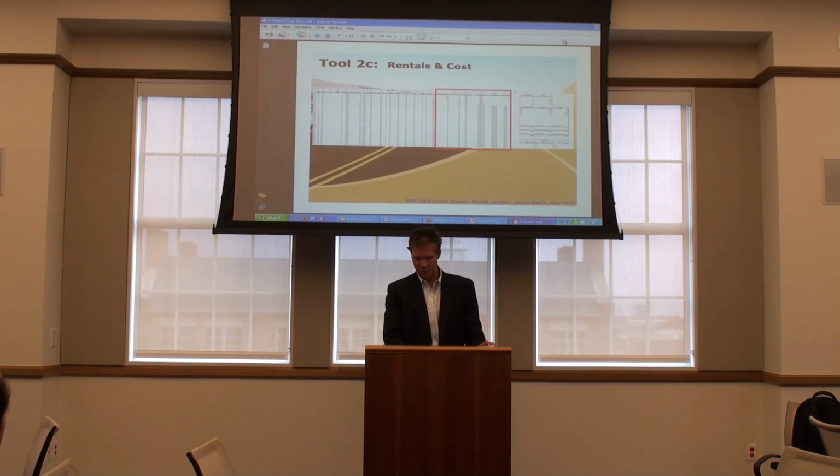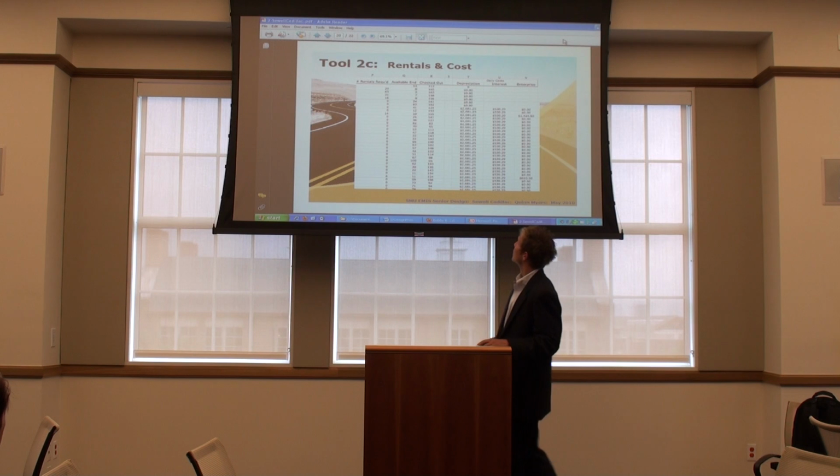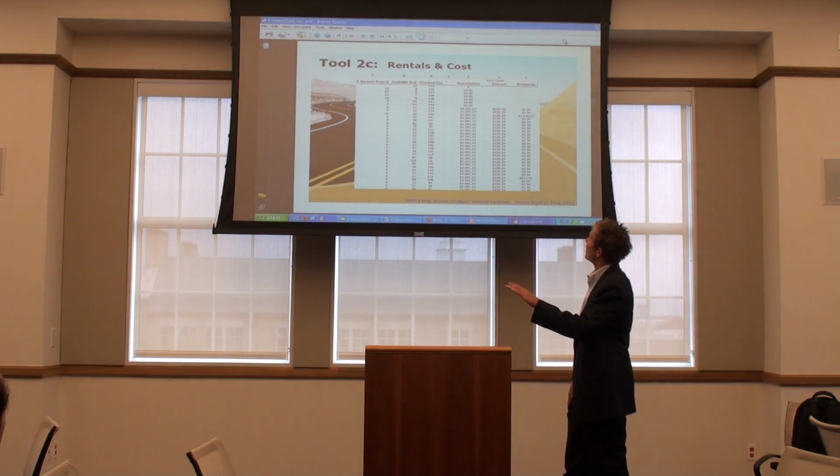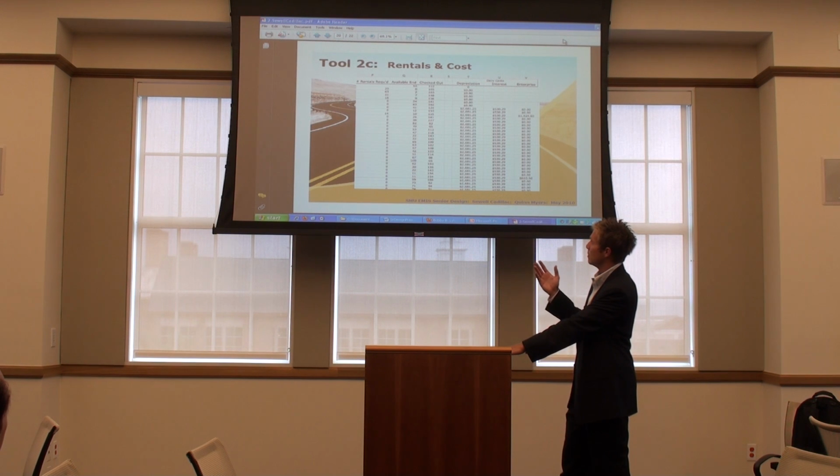So now we go to rentals and costs. I wish I had a laser pointer to help, but the number of rentals required for the day is based on the demand and based on the availability. If they had more demand than availability, the number of rentals goes up based on the demand. And then there's the available cars at the end of the day, and the checked out cars at the end of the day.